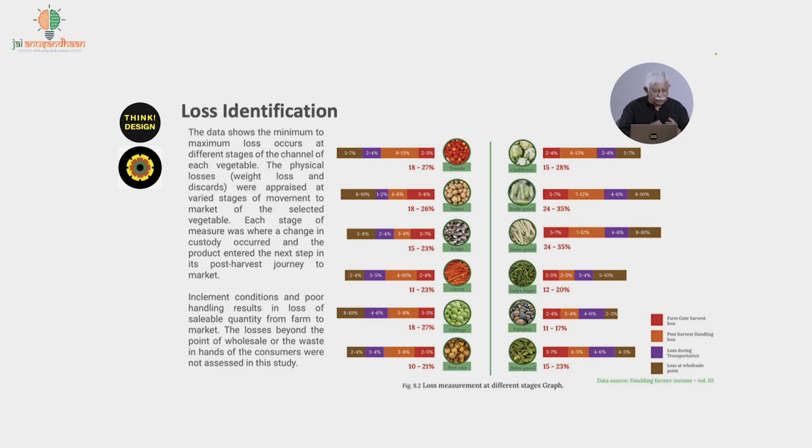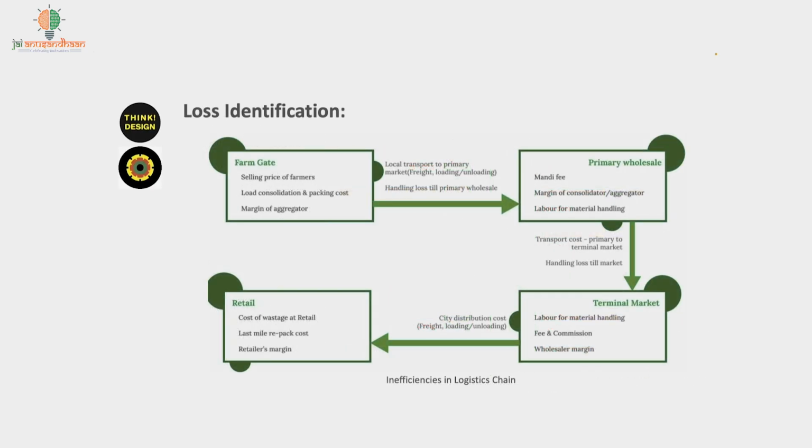The physical losses, weight loss and discards were appraised at varied stages of the movement of the vegetable from the farmland to the market. Each stage was a measure where the change in custody occurred and the product entered the next step in the post-harvest journey to the market. It was a detailed study, and points where loss of vegetables occurred were identified.